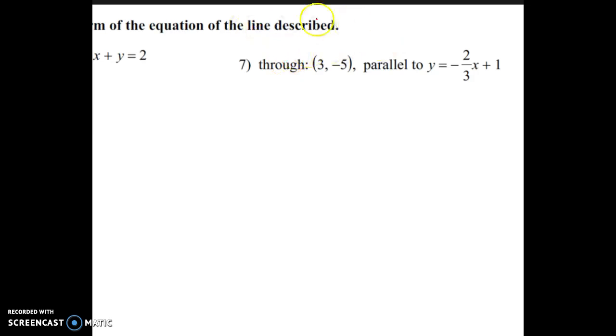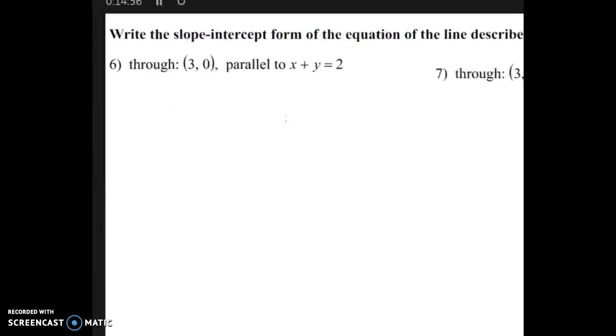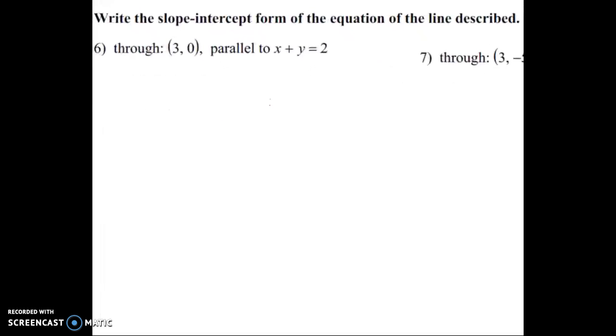Alrighty, so on these, write the slope-intercept form of the equation of the line that is described. It says through 3, 0 and parallel to x plus y equals 2. So we need to figure out the slope of this line that it's parallel to. Get it in slope-intercept form. Minus x, we get y equals negative x plus 2.